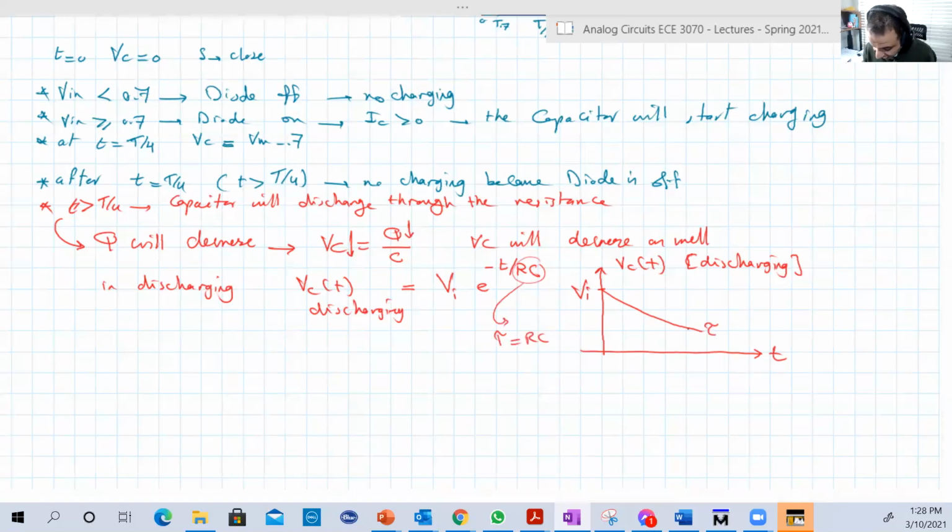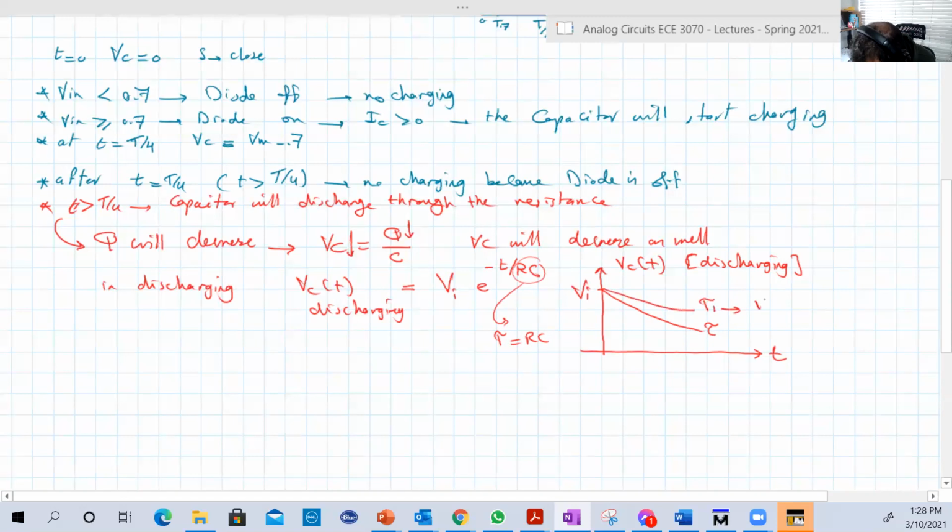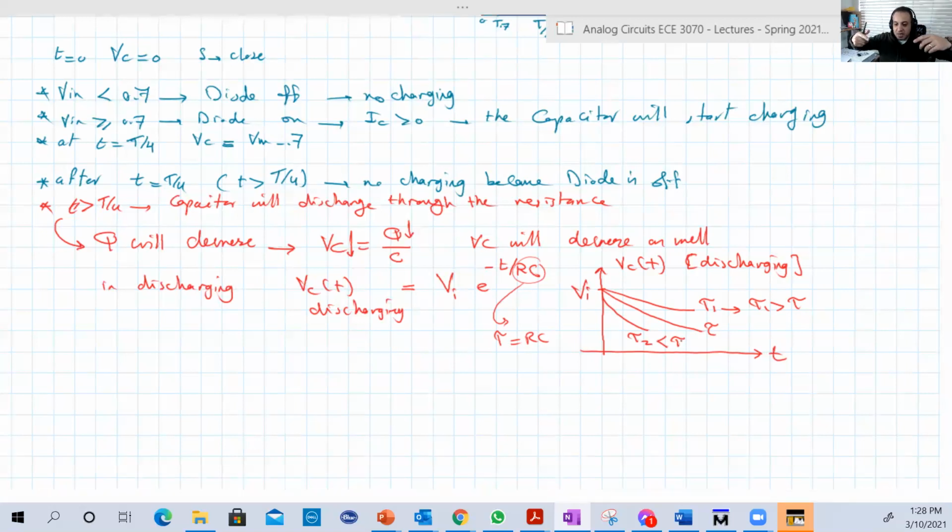If we increase R or C such that tau will increase, this will be the decay, tau 1, and tau 1 is greater than tau. If we decrease R or C or both, tau will be decreased. So this will be the rate of reduction, tau 2, and tau 2 is less than tau. So basically, if you have greater RC, greater tau, this will make the decay slow.